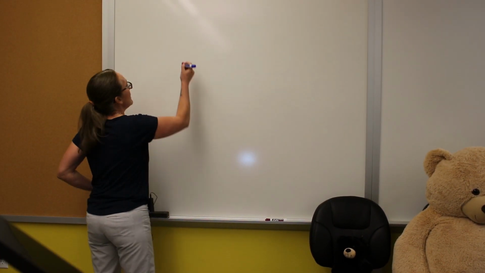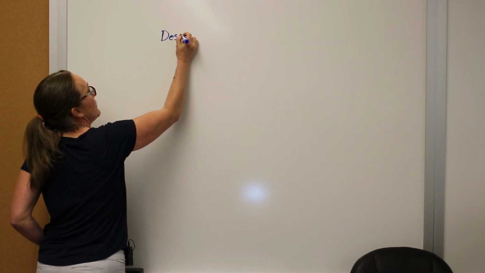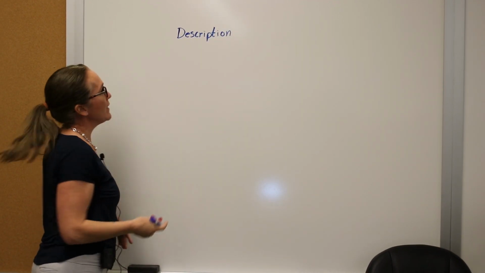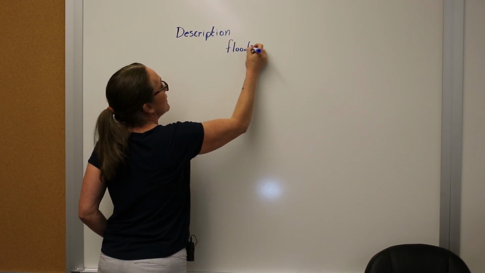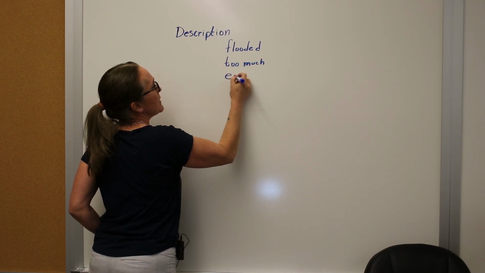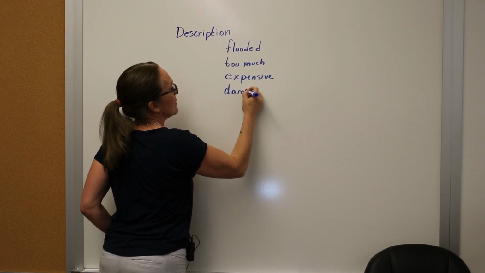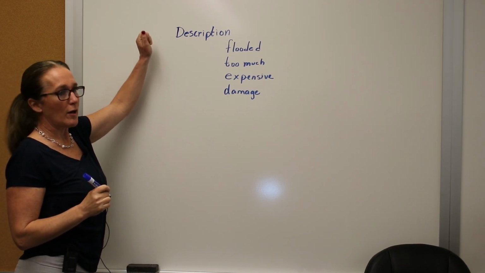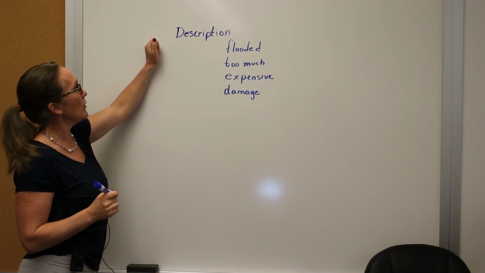I know at the beginning that the text structure was description. And I know that because it gave me things like flooded, too much water, expensive, damage. So I know the author up here is trying to tell me or give me a description. That's the purpose for the author up here.